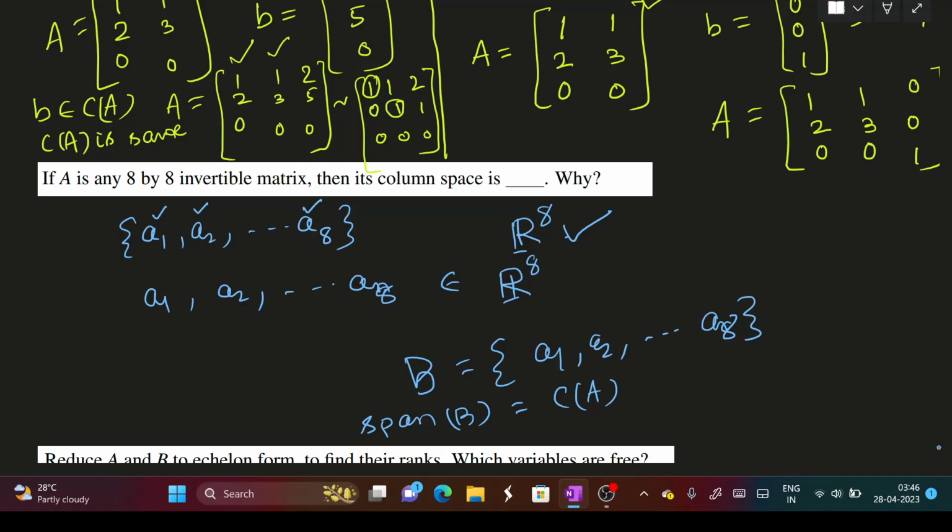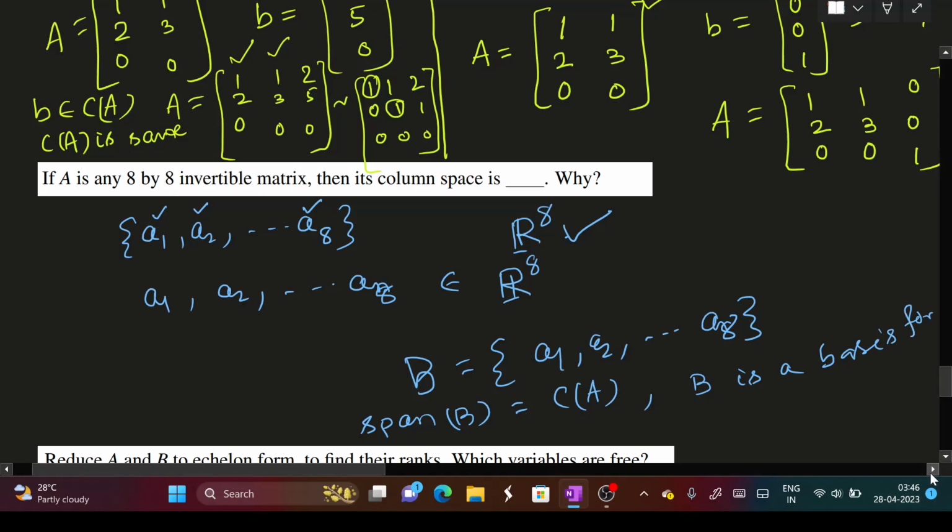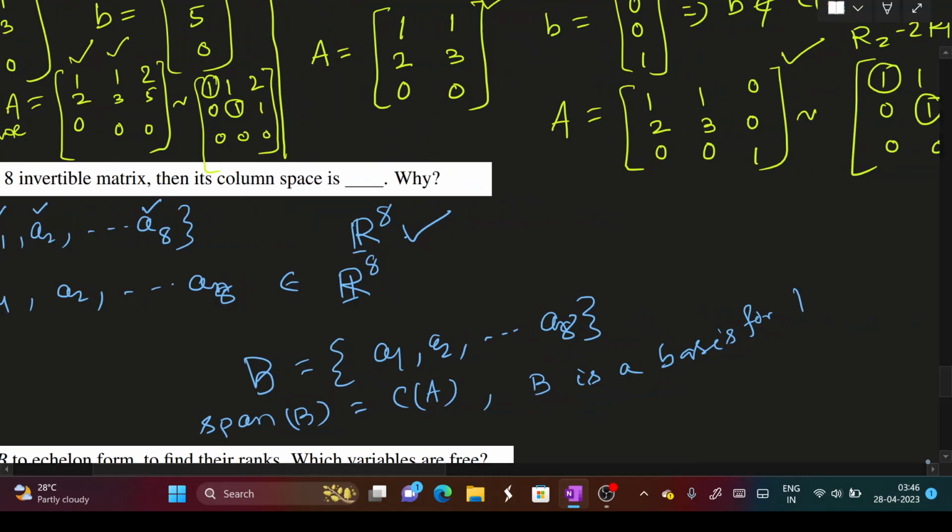So R to the power 8 is an 8-dimensional vector space. Any 8 linearly independent vectors of R to the power 8 will give me a basis. So B is a basis for R to the power 8.